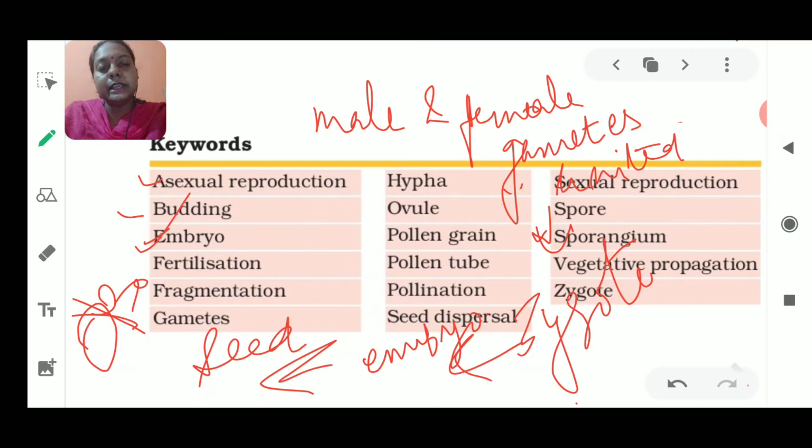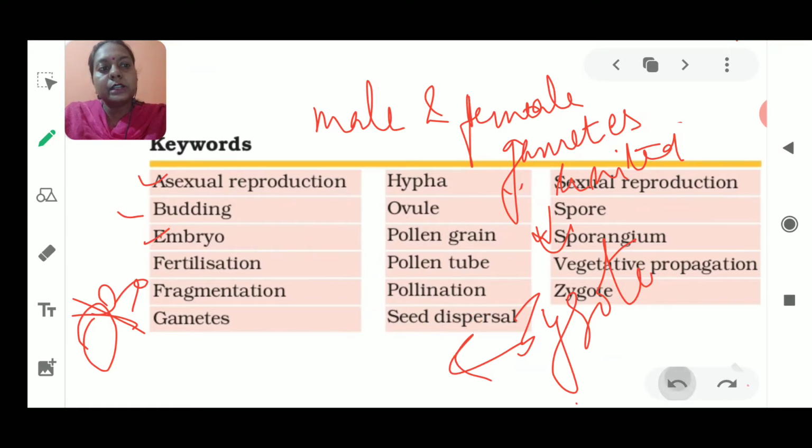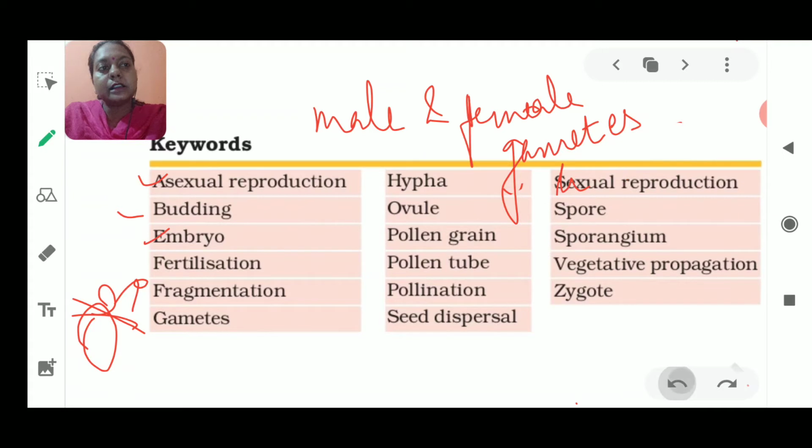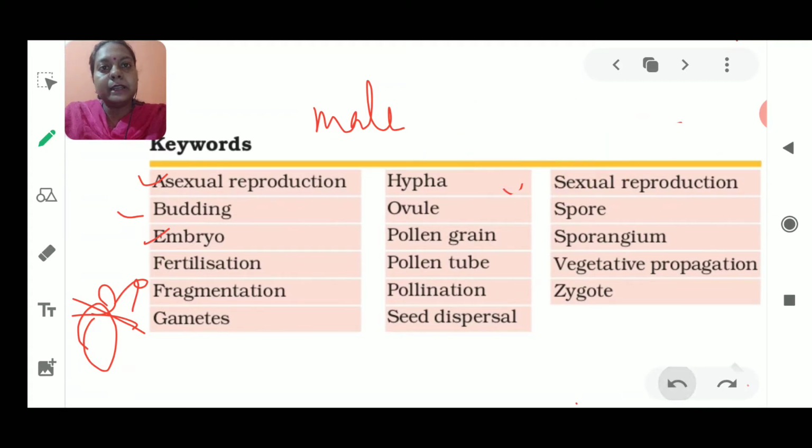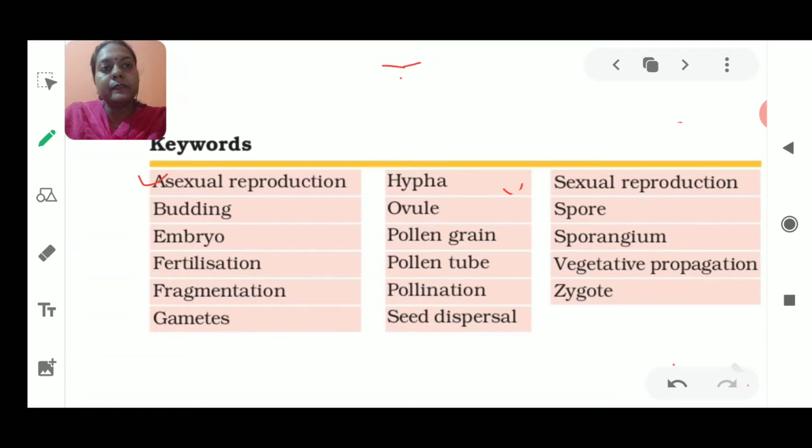Similarly, the next word we have to discuss is fertilization. What is fertilization? Fertilization is the fusion of male and female gametes inside the ovary. So fusion always takes place inside the ovary, please remember. If you remember, there was the stigma, then the style, then the ovary, and one gamete was already present, known as the ovule.